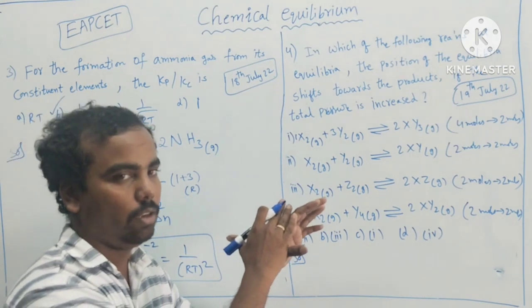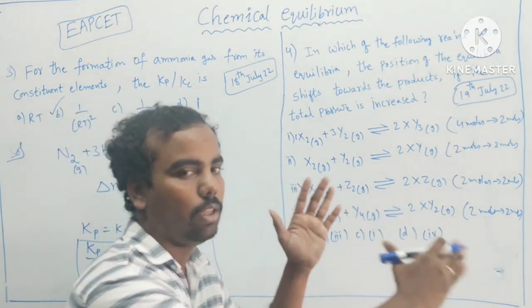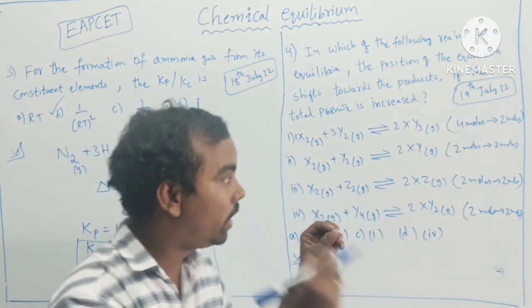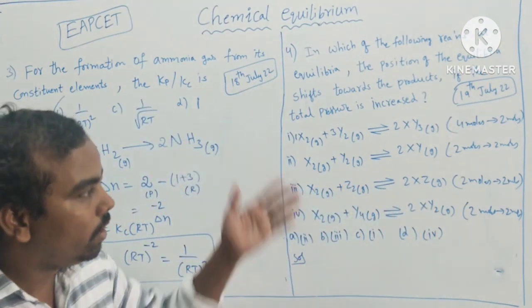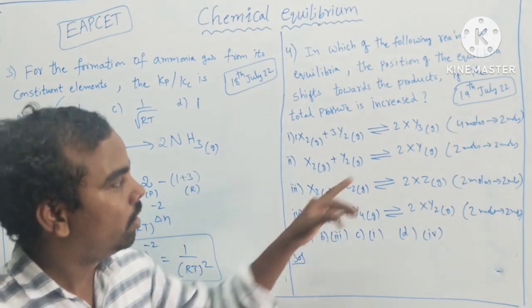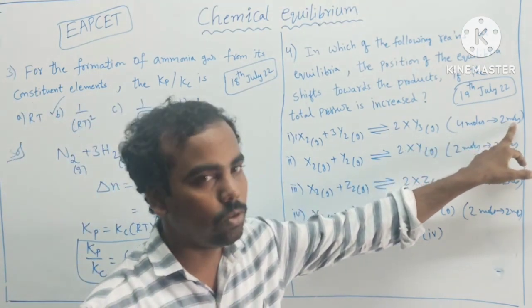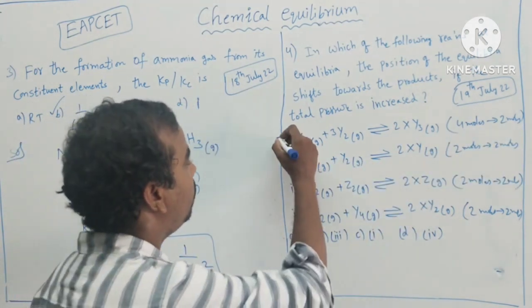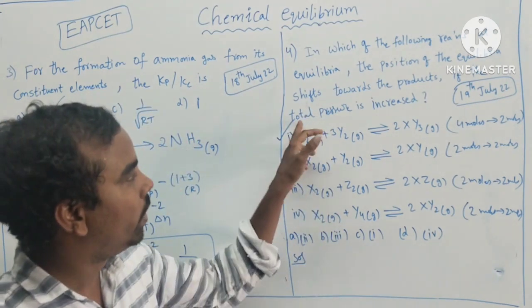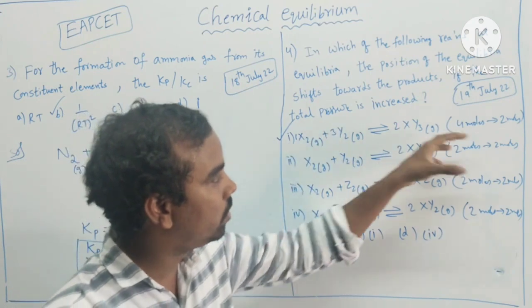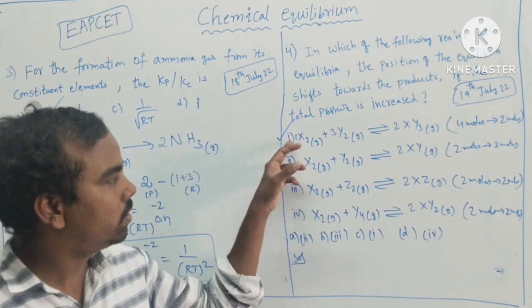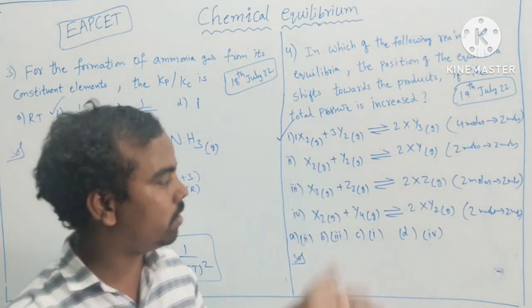If you decrease the pressure, the reaction shifts towards the volume-increasing side. Here 4 moles decrease to 2 moles, so only here does volume decrease. That's why when you increase the total pressure, the reaction shifts towards the decreasing volume side. So the answer is 1. The remaining answers are wrong.